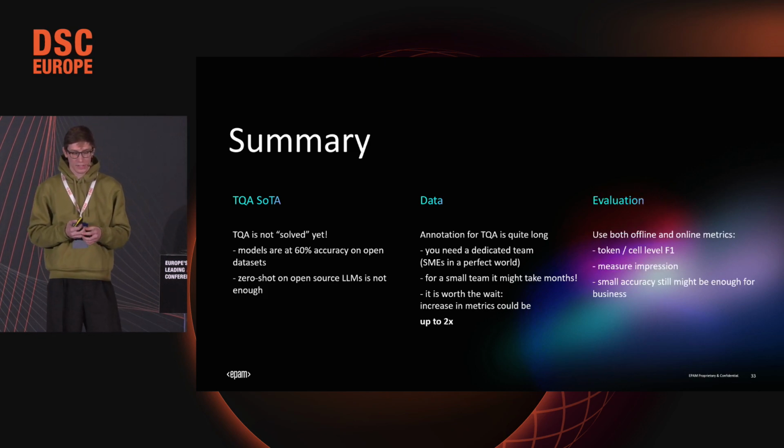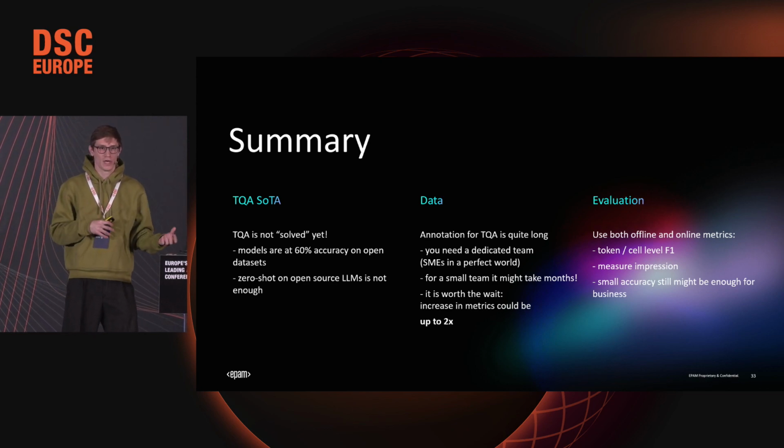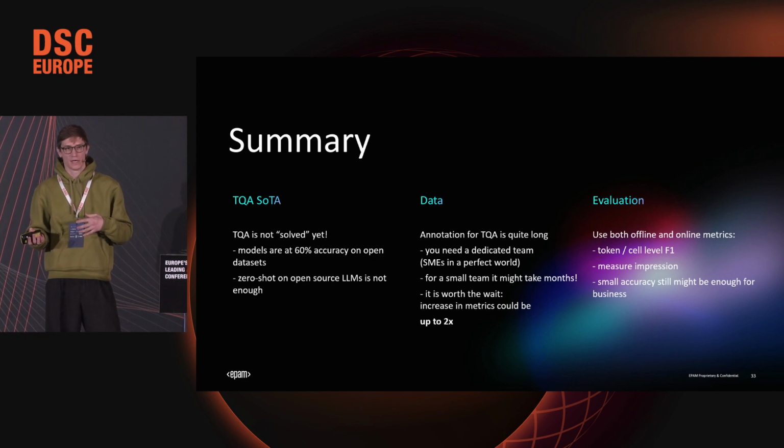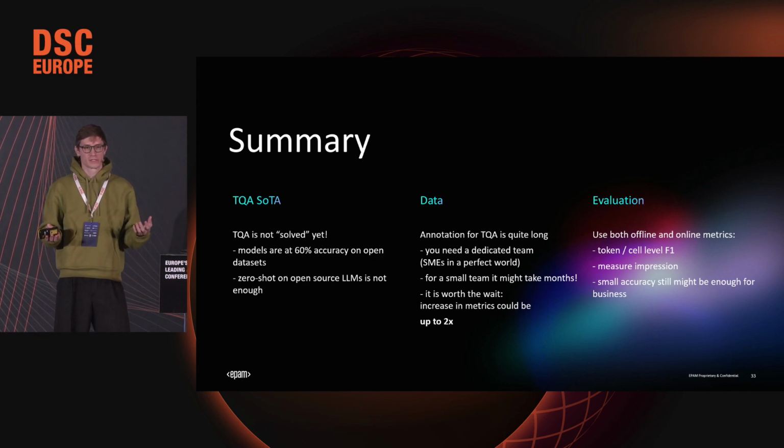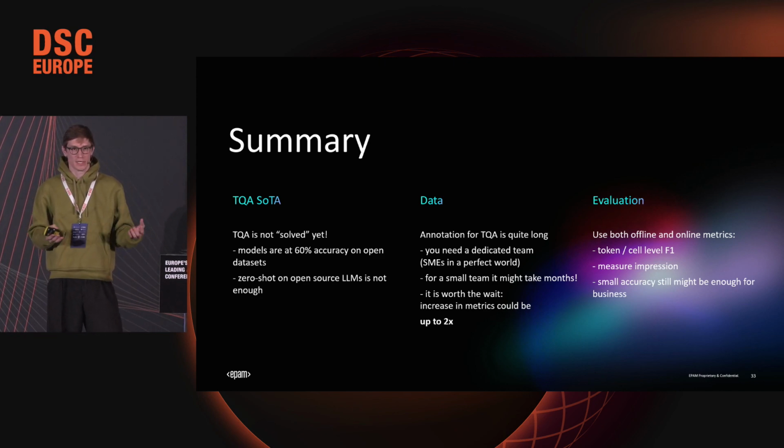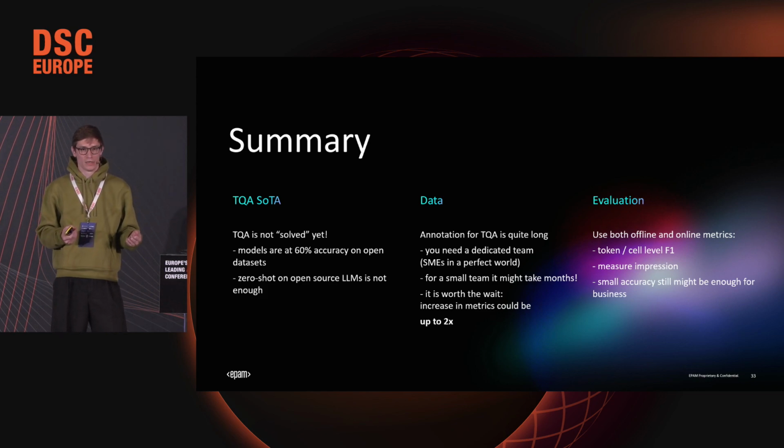And finally, a note on evaluation. We are usually trying to use both offline and online types of evaluation. In a perfect scenario, you would want to do an A/B test over that feature.